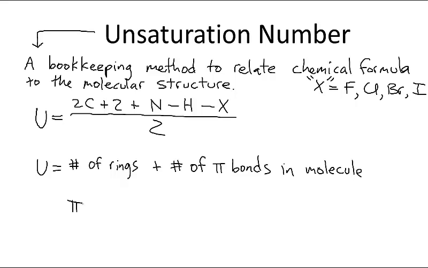But a pi bond is the second bond of a double bond or the second and third bonds of a triple bond.